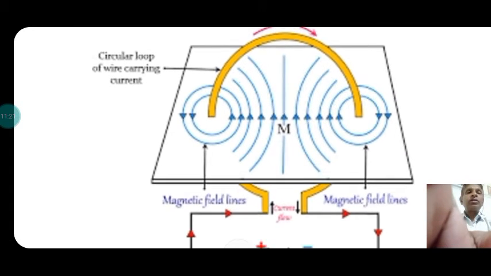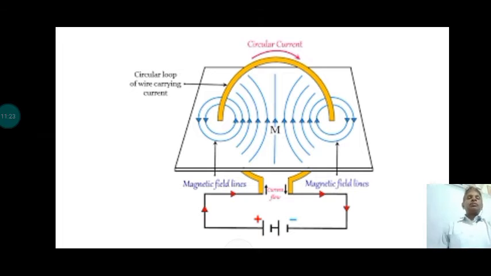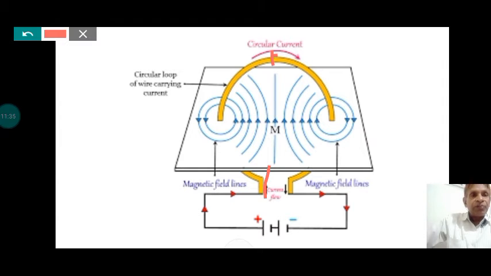Now here is the magnetic field produced by a current carrying circular loop. Every part of the circular loop is taken as a straight conductor. The current is flowing in the upward direction in one part, and in the downward direction in the second part.